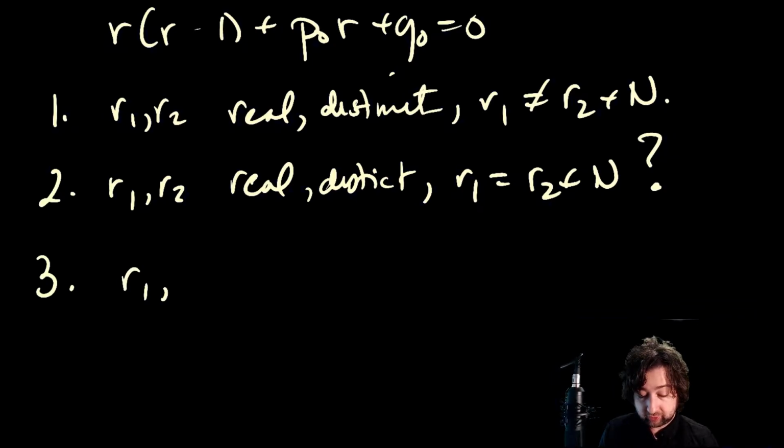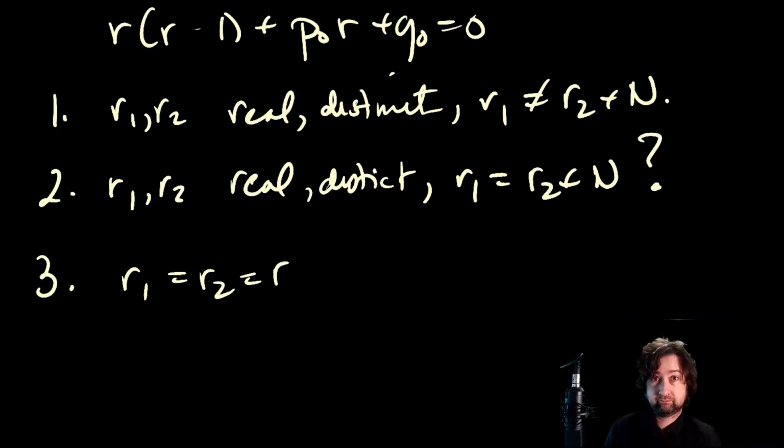Or r1 and r2 could be equal to each other. That can only happen if they're real. I can't use the same series for two different linearly independent solutions, so something has to happen. What about that? And finally, it could be the case that r1 and r2 are complex.